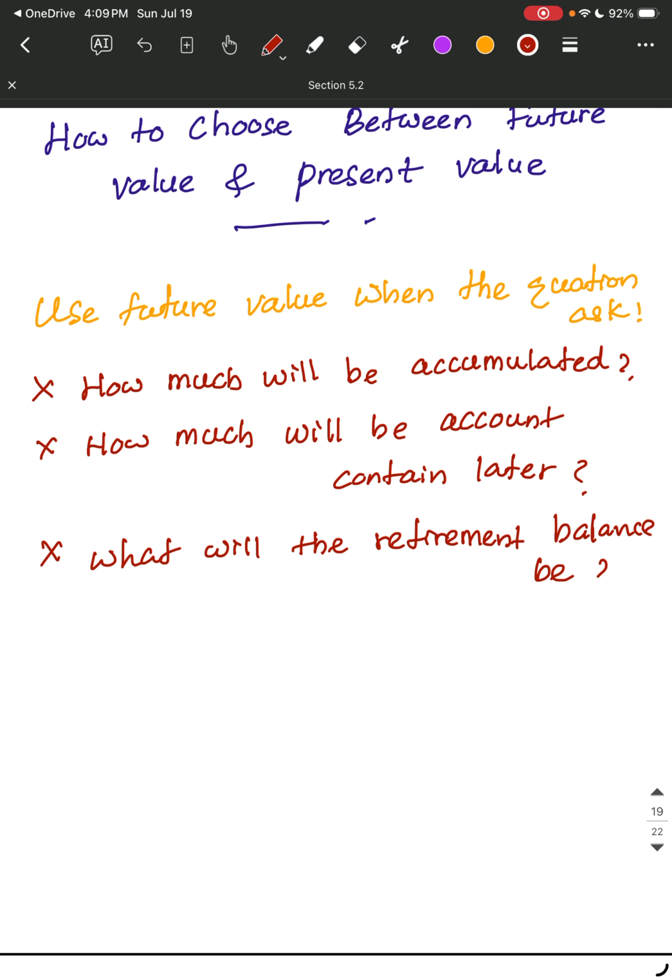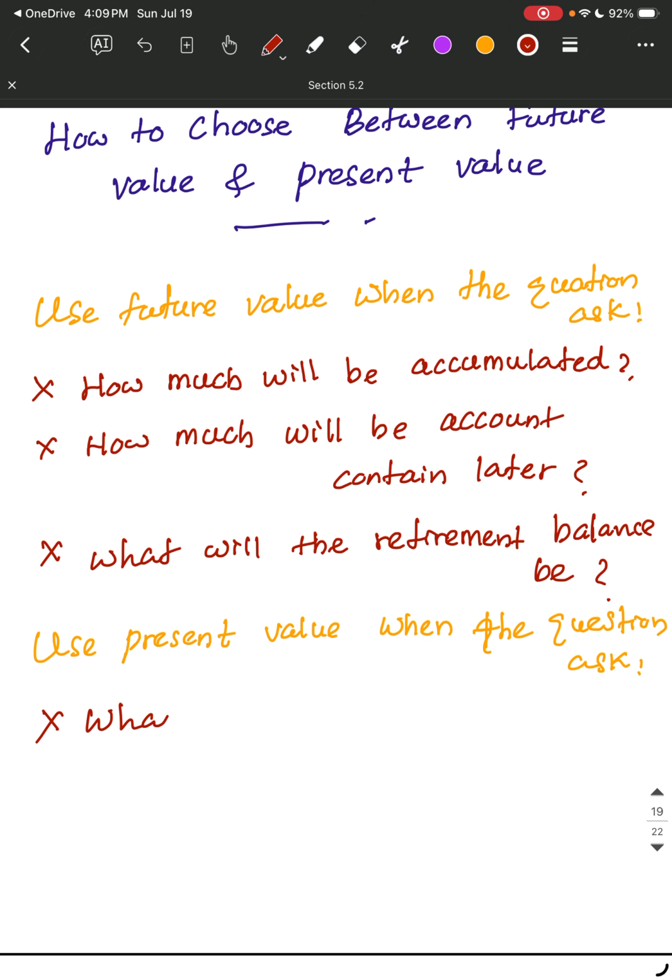Then use present value when the question asks what is the cash price today? How much is a stream of payments worth now?